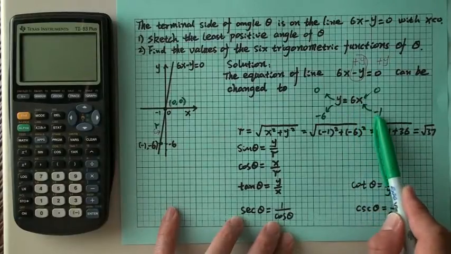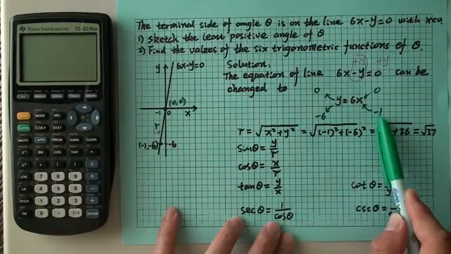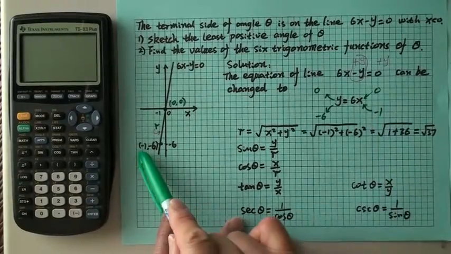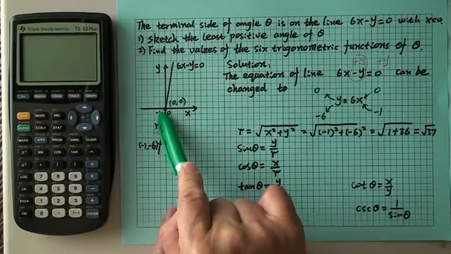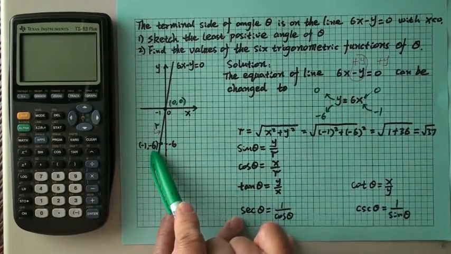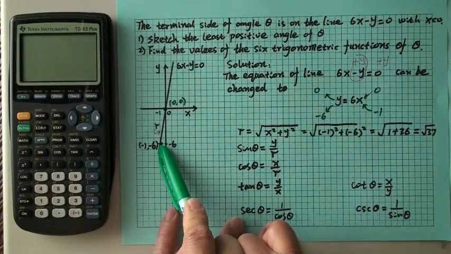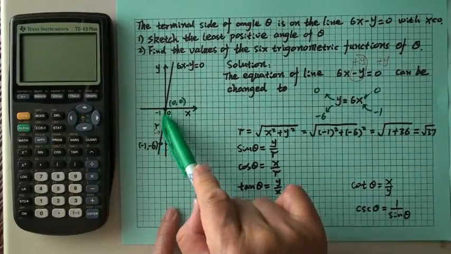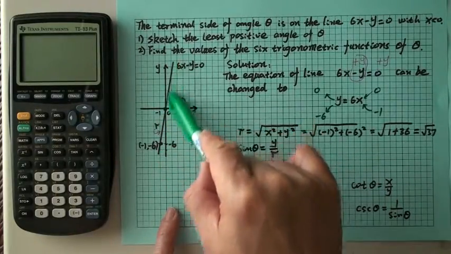So when x is negative 1, y is negative 6. So negative 1, negative 6 is this point. Now we mark those 2 points and connect them. That will be the line.